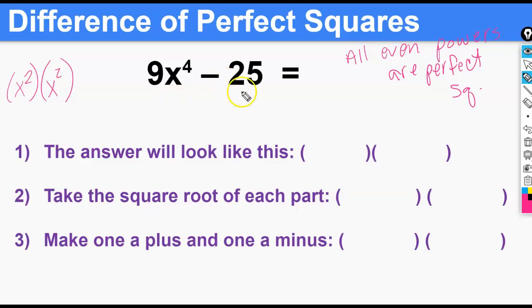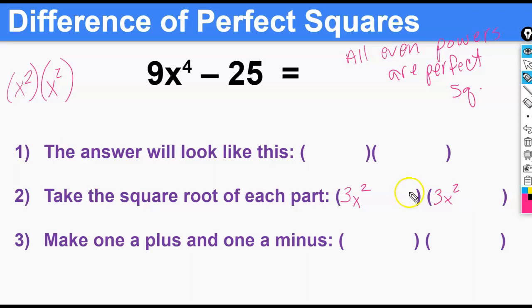So when I am factoring this, I know I'm going to get two binomials. The square root of 9x to the 4th would be 3x squared, because 3 times 3 would be 9, and x squared times x squared would be x to the 4th.